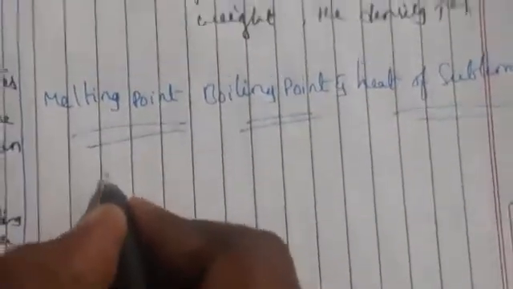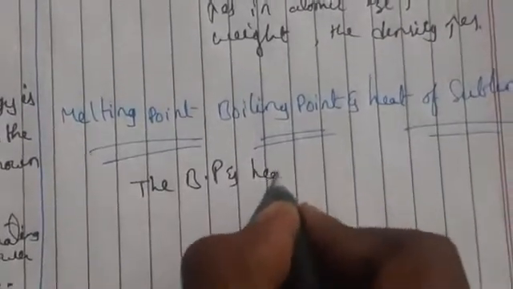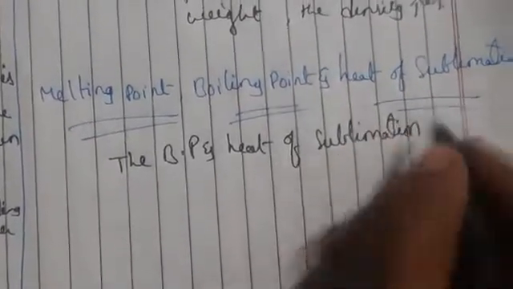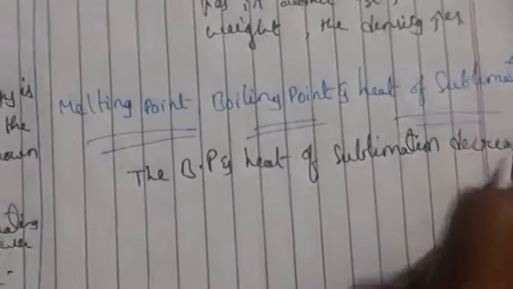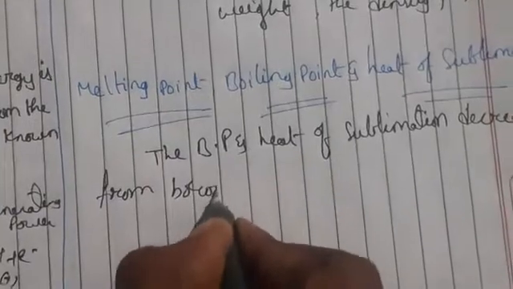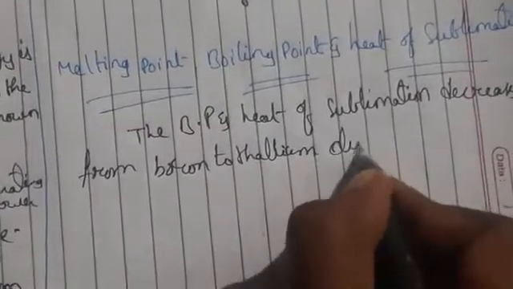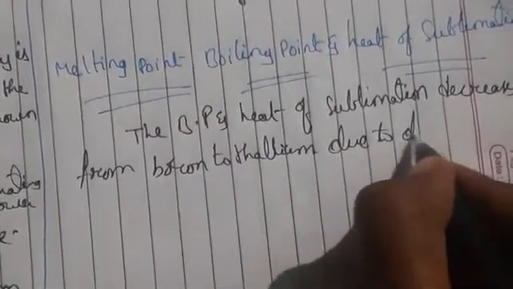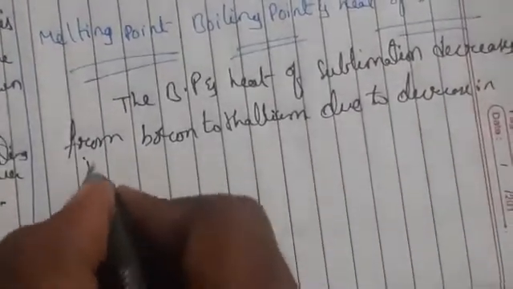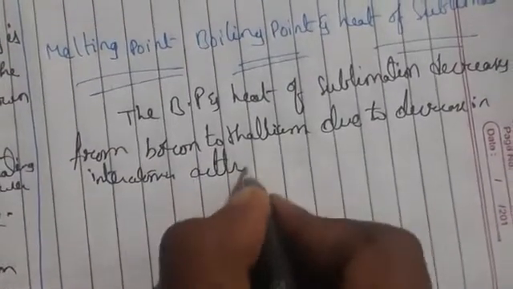So the boiling point and heat of sublimation decrease from boron to thallium. Why is it decreasing? Due to the decrease in interatomic attractive forces.